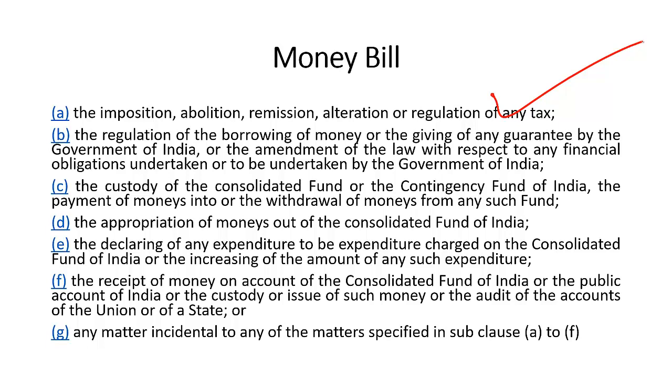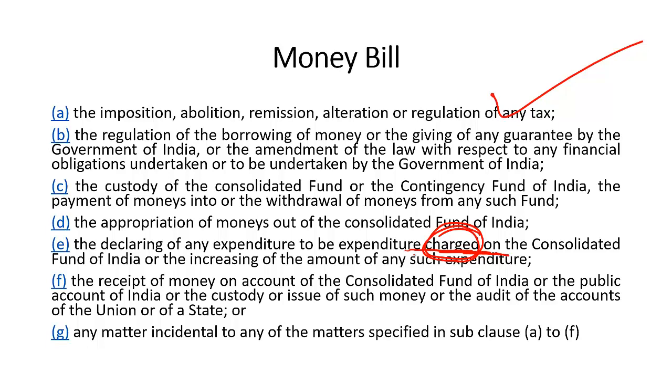If a bill talks about declaring an expenditure to be expenditure charged on the Consolidated Fund of India, for example, the salary and pension of the President of India, the salary and pensions of the judges of the Supreme Court, the salary of the UPSC chairperson, the salary of the Comptroller and Auditor General of India. All these expenses are charged on the Consolidated Fund of India. That means Parliament will not vote on these expenditures. Parliament can only discuss these expenditures, but it does not have the power to vote on them.